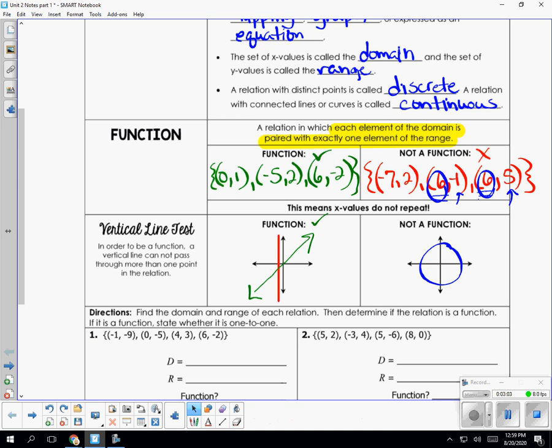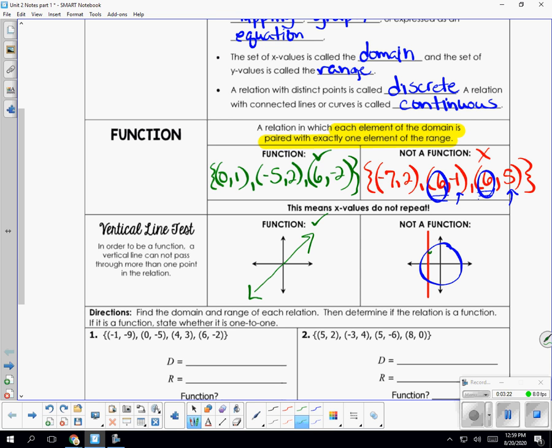Okay, let's take it over to the not function, the blue one, and we'll see why it is not a function using our vertical line test. As we put this red line across my blue graph, I see that it touches the graph in more than one spot at the same time.